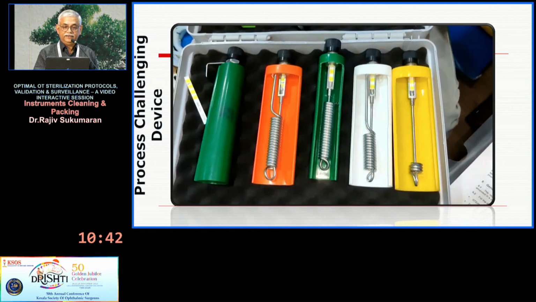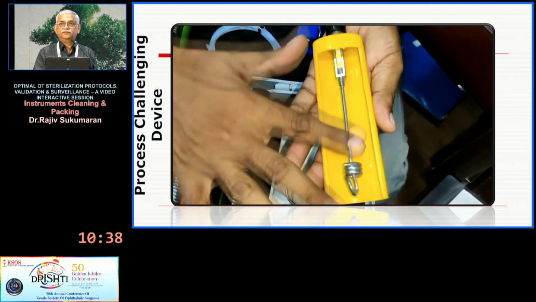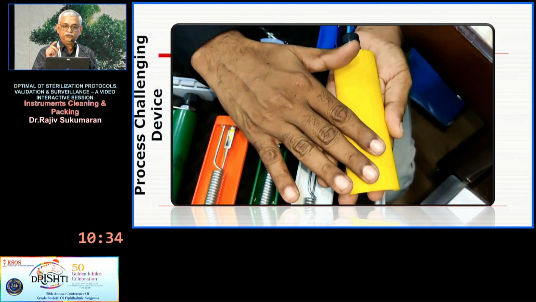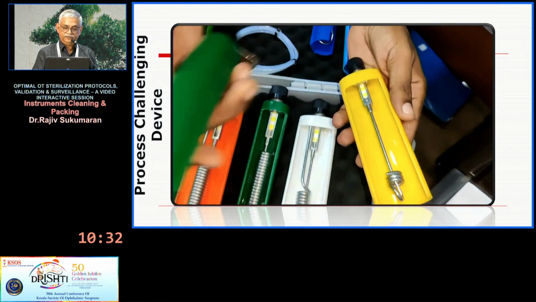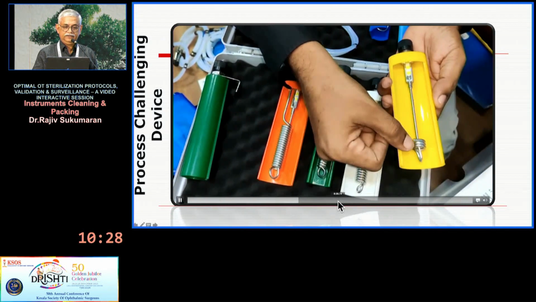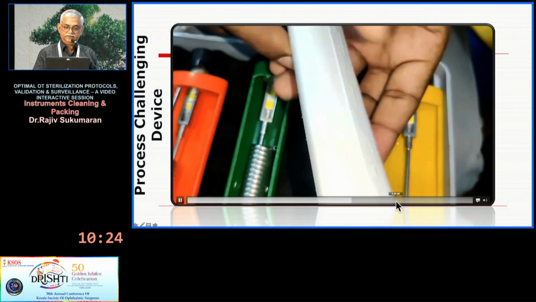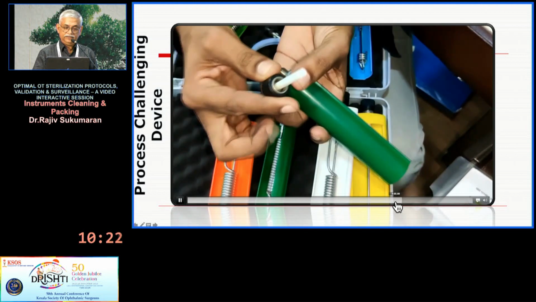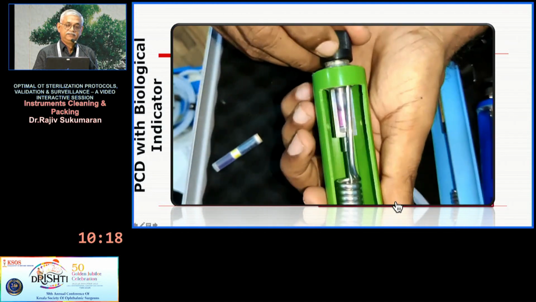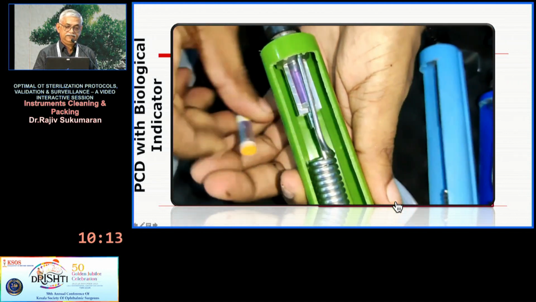The yellow is for dental, the white is for general surgery, green is for ophthalmology, because the length of the inner tube, that steel tube, is different. So this again tells us the vacuum cycle in the autoclave. And you can use a biological indicator also in the process challenging device, PCD it is called.